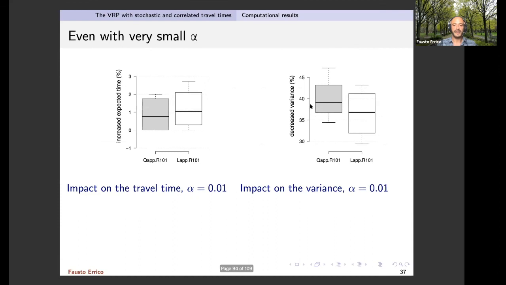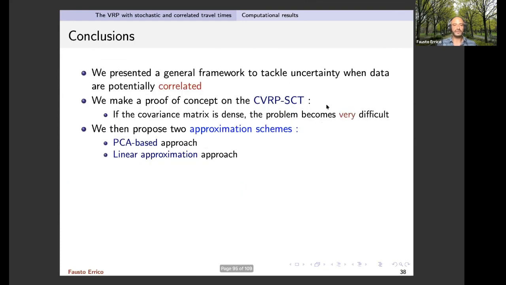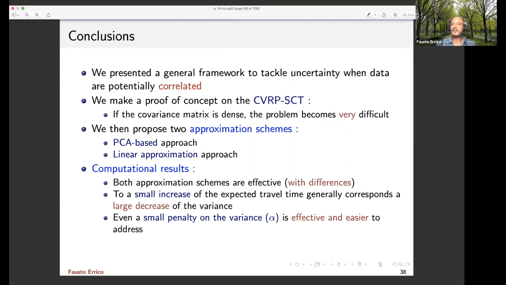For example, here we have an experiment on the R with alpha equal to 0.01. With this value, the increase in expected travel time is a little bit higher, with a significant reduction of the variance.